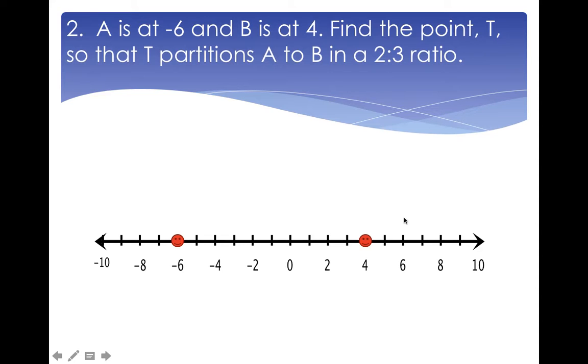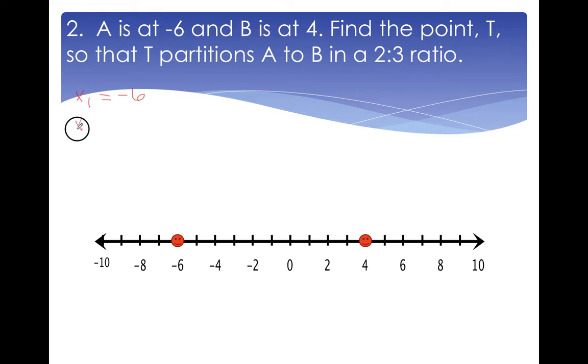A is at -6 and B is at 4. Find the point T so that T partitions A to B in a 2:3 ratio. And so what I'll do is I'll help you by labeling what we have. Well, we know that our x1 is equal to -6.